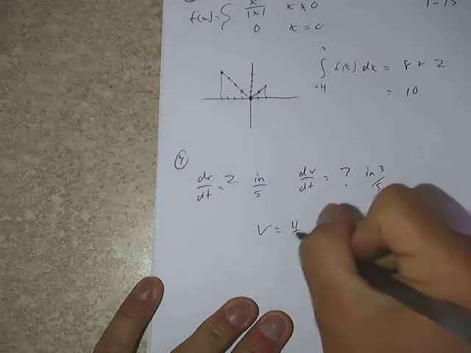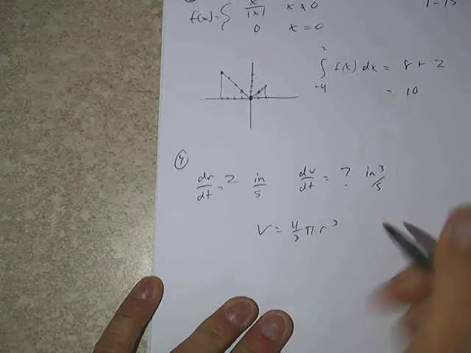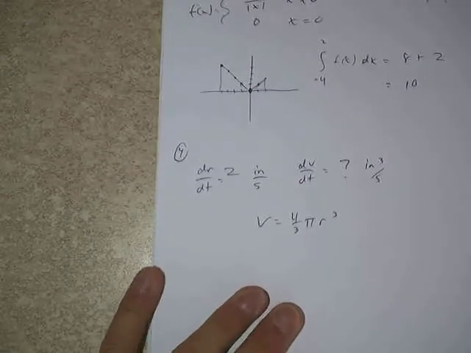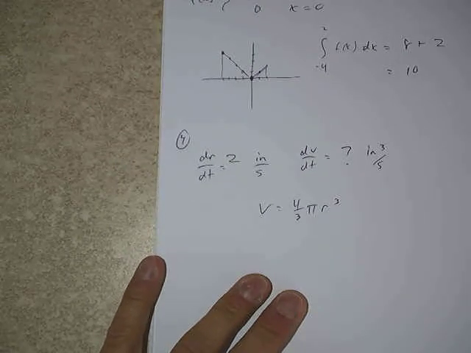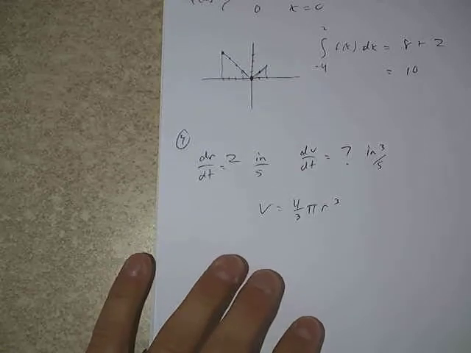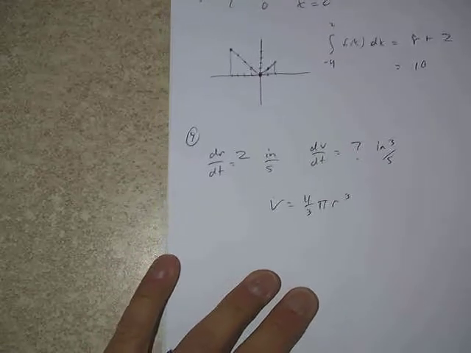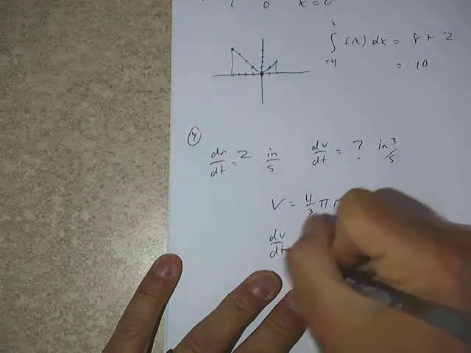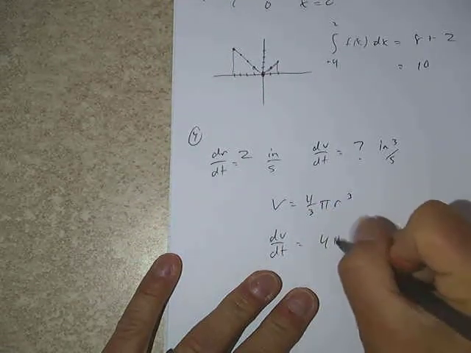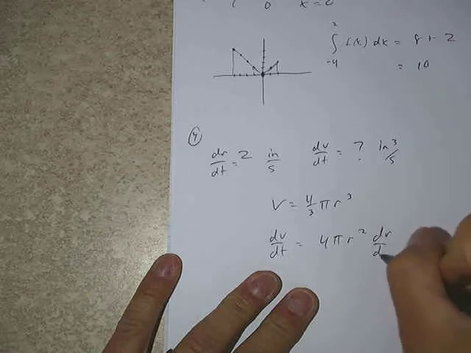So identifying those variables, knowing that we have a sphere, our formula is 4/3 pi r cubed. Once we have our equation that relates the 2 variables, in this case there's only 2, we can differentiate with respect to time, and we'd get dV dt over here.